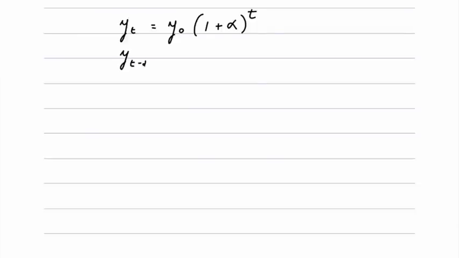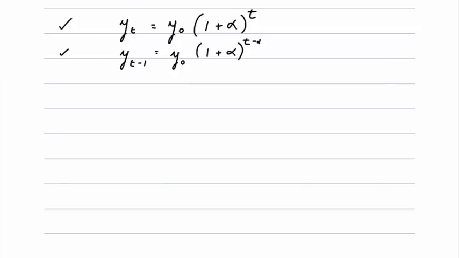So if this first equation relates to the year 2010, then in the year 2009 we must also be able to write that the value for GDP in that year is also related to whatever its initial value was, again multiplied by 1 plus that growth rate, but now, because we're talking about the previous period, that is raised to the value t minus 1.